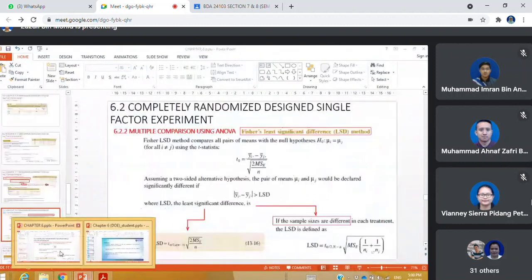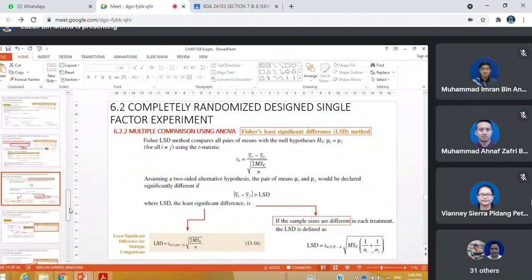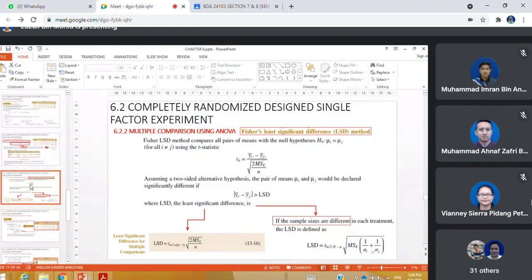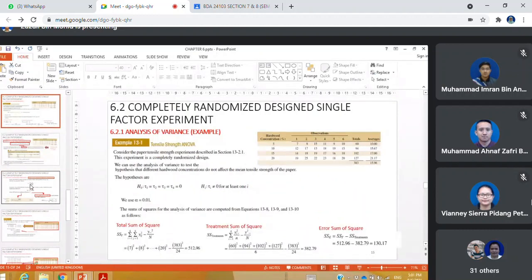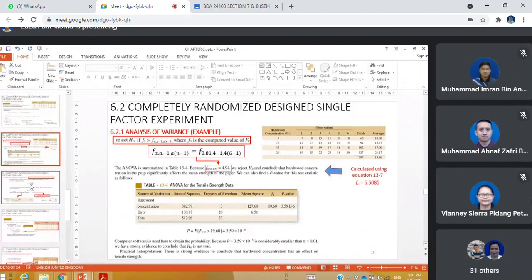But when you look at the slides that I provided today, the sequence of calculation, I think it's much more structured. You can see the formula for how we are going to calculate the total sum of squares, error sum of squares, and then we can do a judgment using the F value.